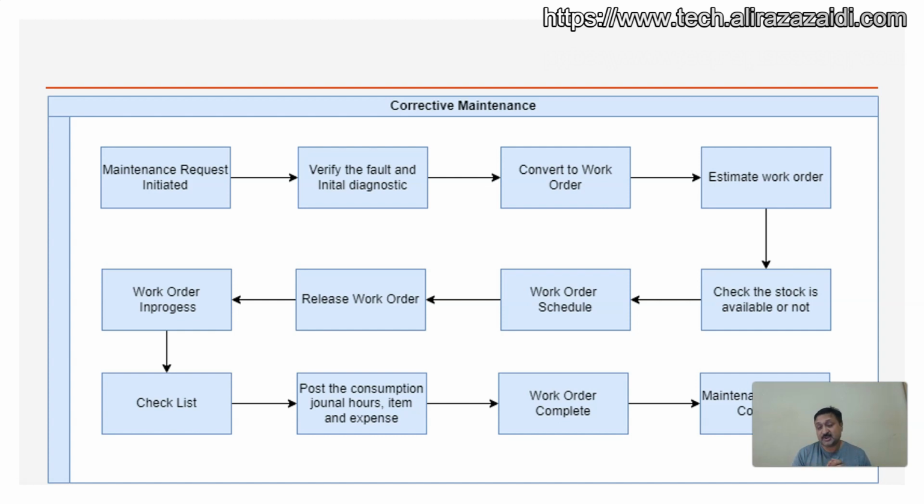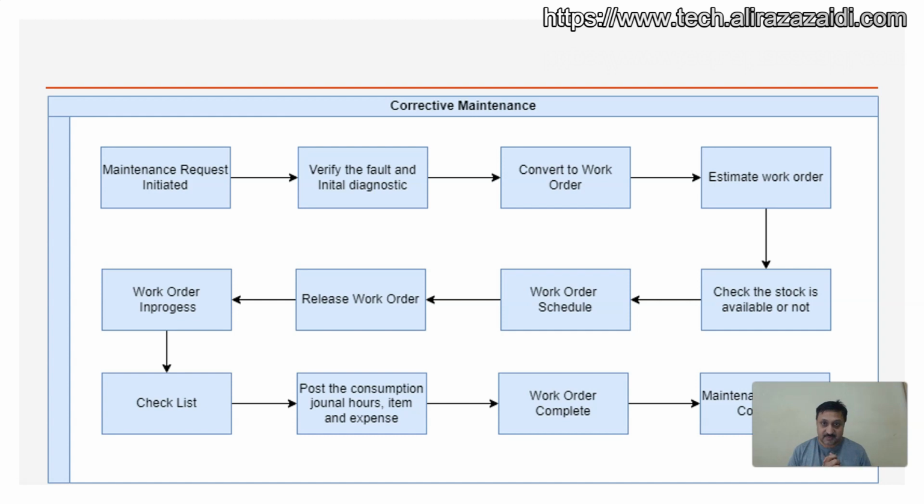But usually, the best practice is that you create a checklist template and then attach it to a job type. When a work order is created, it has multiple job types, so every job type has its own checklist. When the task is completed, when the job is completed, the technician has to post the journal to consume the items, hours and expenses against that maintenance.